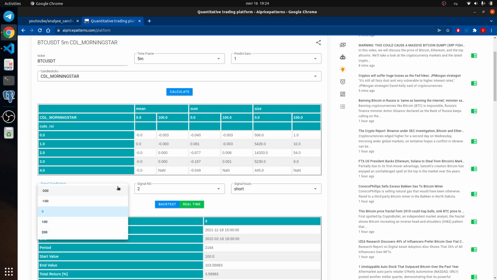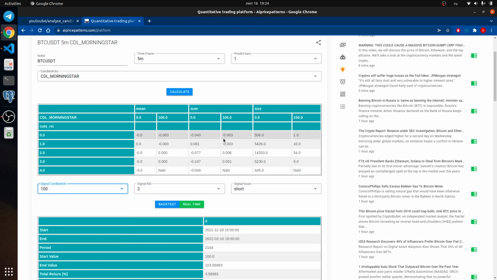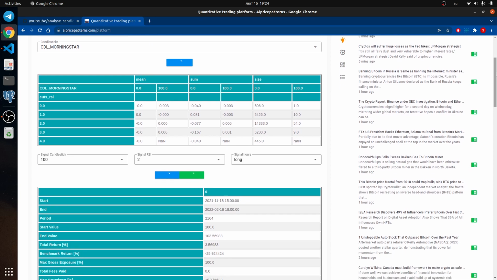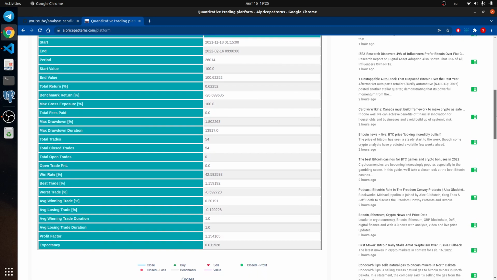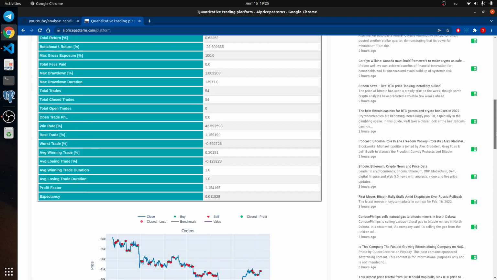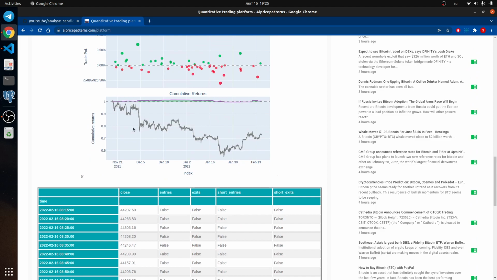So we should take 100 and RCI should be 2, signal long because we have a positive value. Let's see what happens. Okay, we haven't any good results. It's a too bad win rate. And we haven't any smooth line for profit.